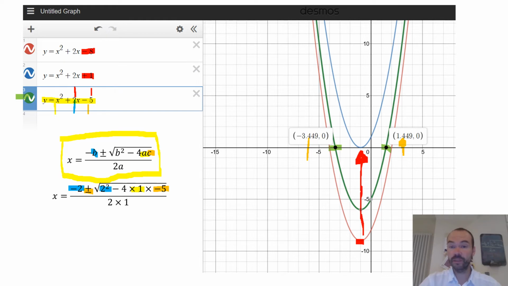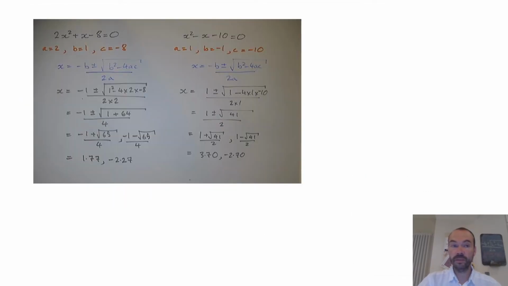Okay. So the crucial thing is here. Here was a quadratic which did not factorise, but clearly when you draw the graph, you can see it's got roots. So here are two quadratic equations set to equal 0. So it's important that the right-hand side is 0.